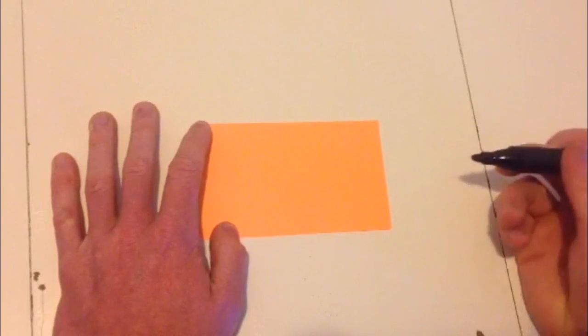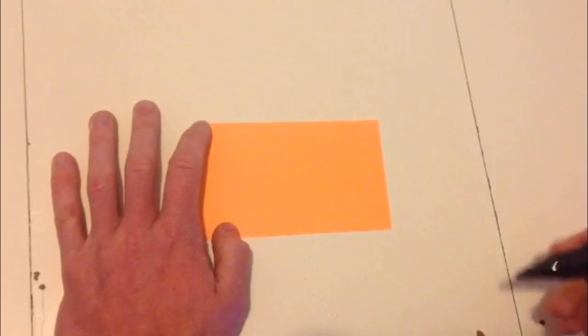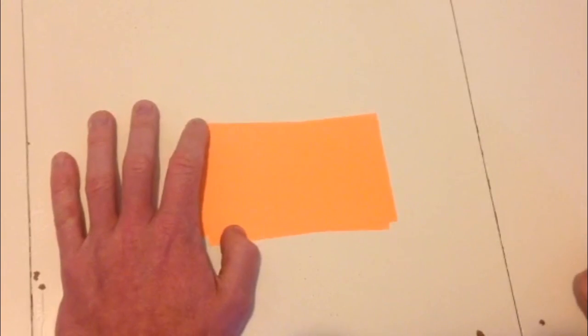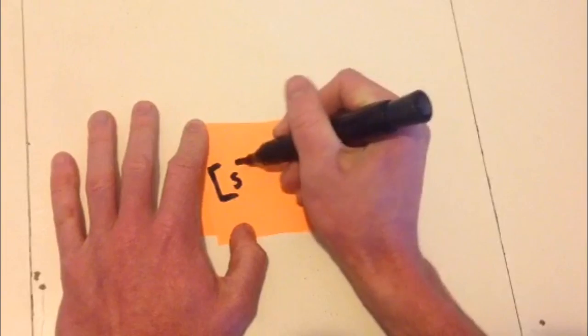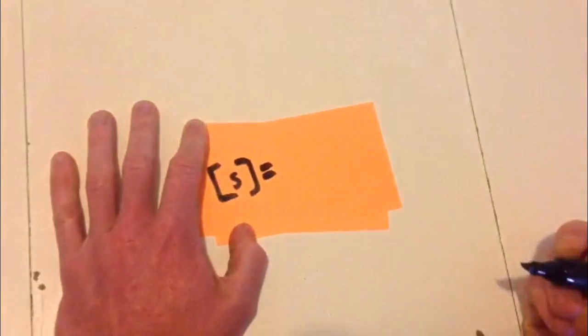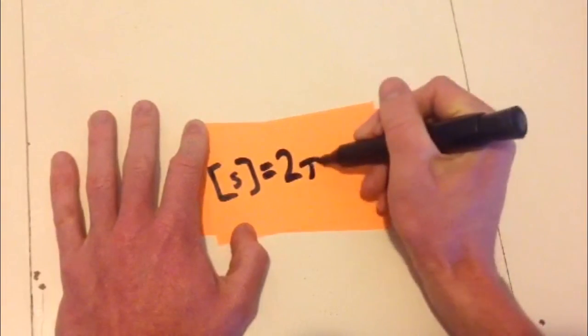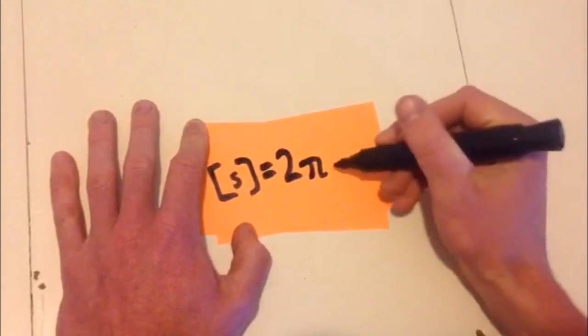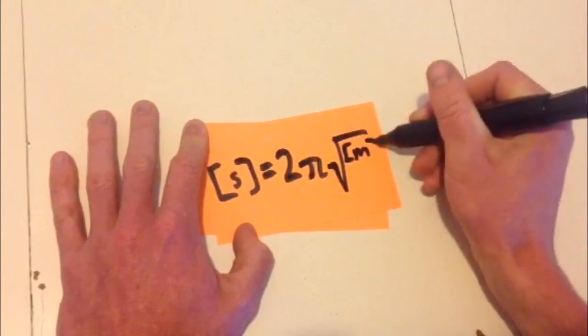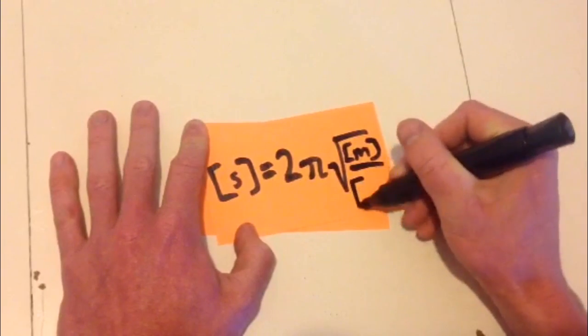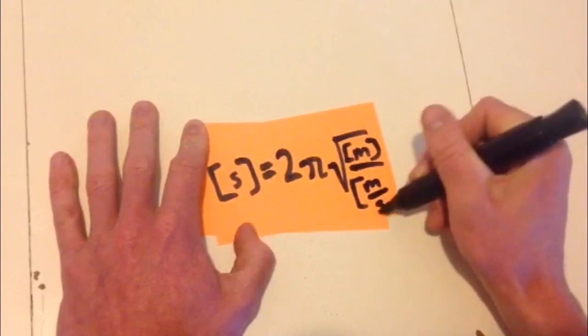A way to remember this formula is by doing unit analysis. We remember that the period must be in seconds. And in order to get seconds, we have our 2 pi, which is unitless, and the square root of a meter divided by a meter per second squared.